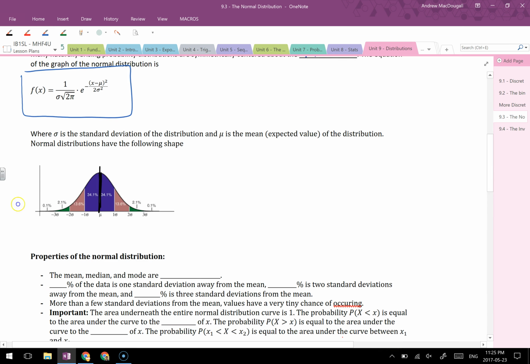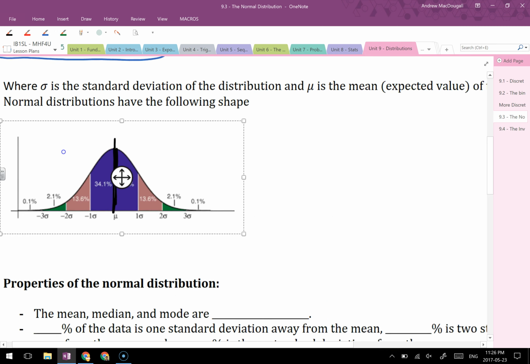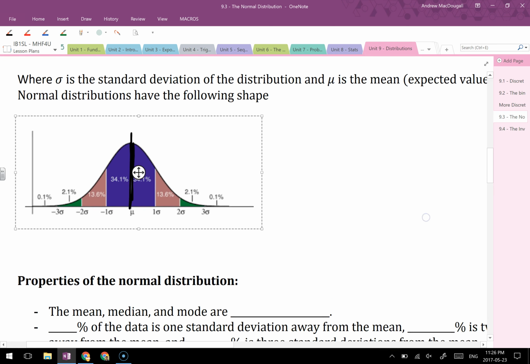Okay, now if you have data that's normally distributed, you can see from this picture, it's centered about the mean, but roughly 68 percent of the data lies within one standard deviation of the mean in either direction. So if we go from here to here, this is one standard deviation in either direction.